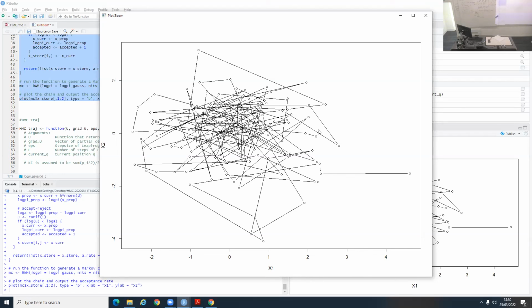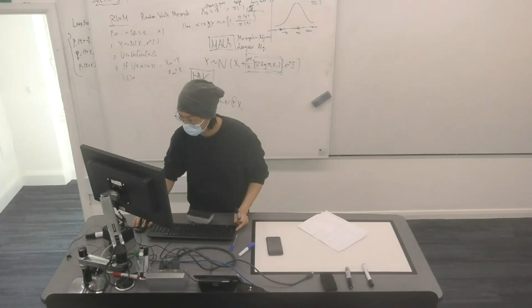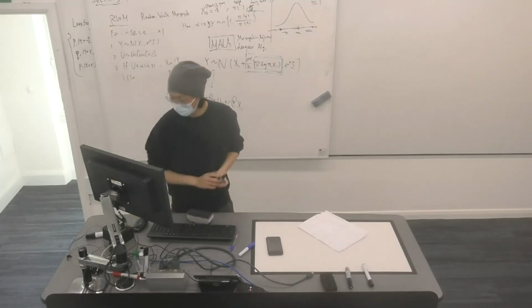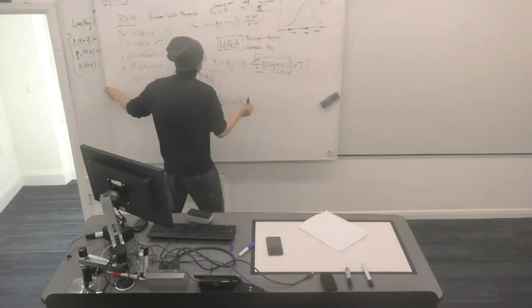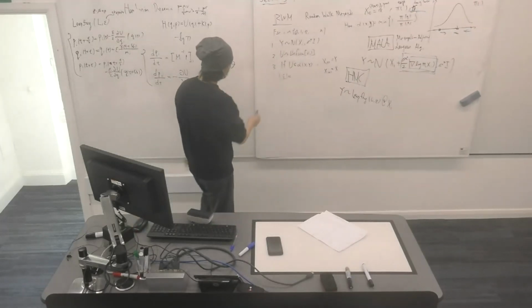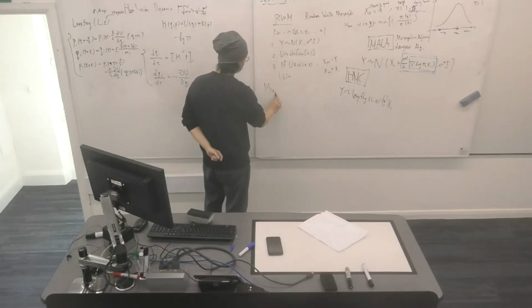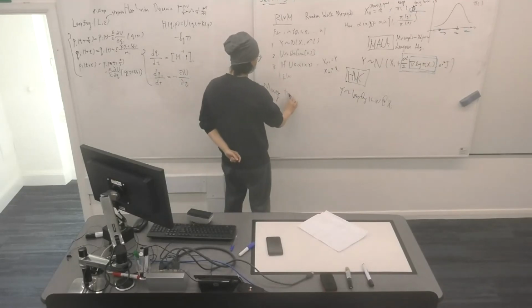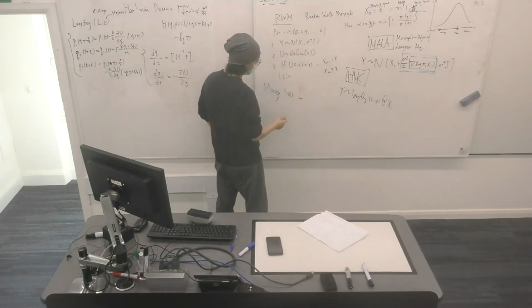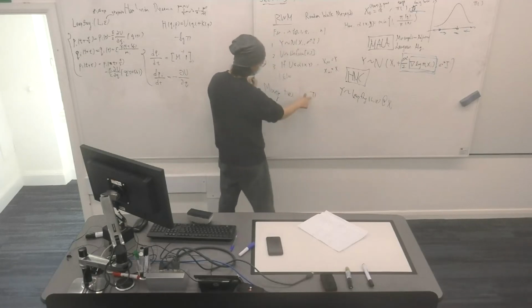This has to do with the concept of mixing time of a Markov chain. So the idea of mixing time: let's say a particular Markov chain with transition matrix P and the equilibrium be pi.